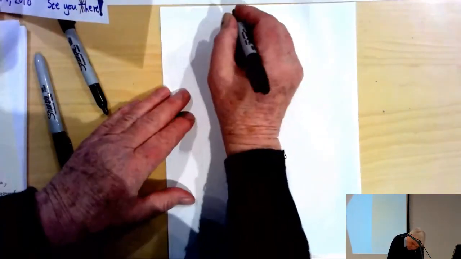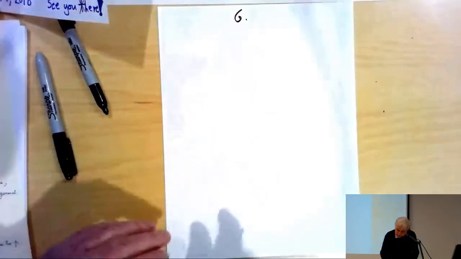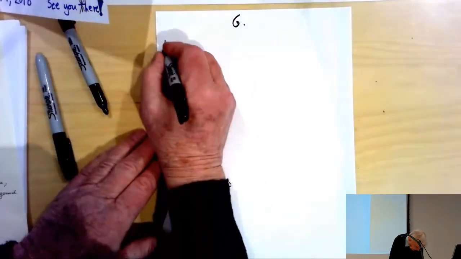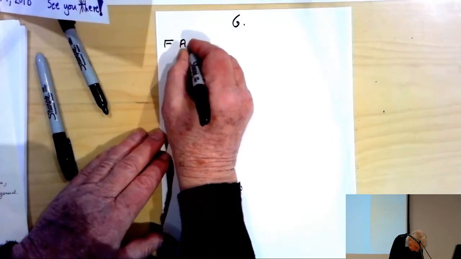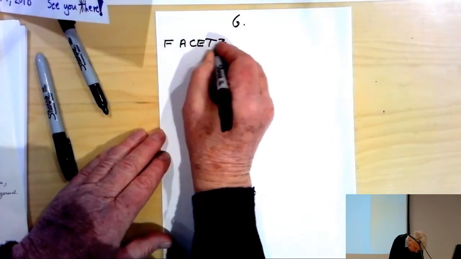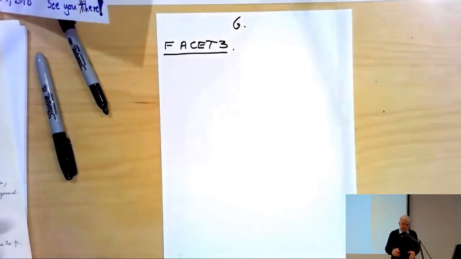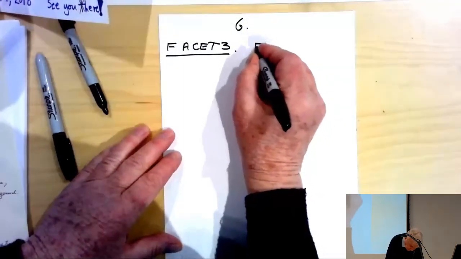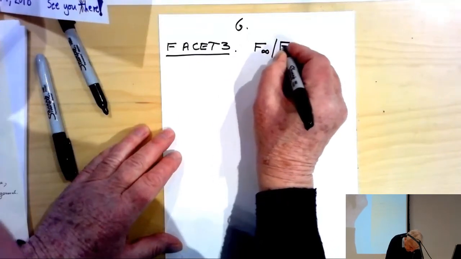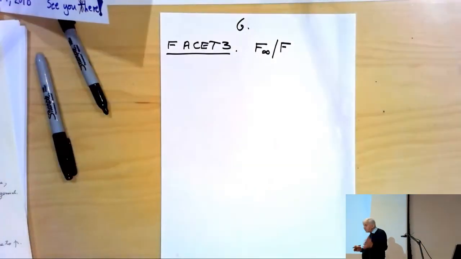Just very briefly, so maybe this is facet 3: it seems that everything we can prove when F_infinity over F is a Z_p extension should hold if instead we take an F_infinity over F whose Galois group is a p-adic Lie group, any infinite p-adic Lie group, like GL_2(Z_p).